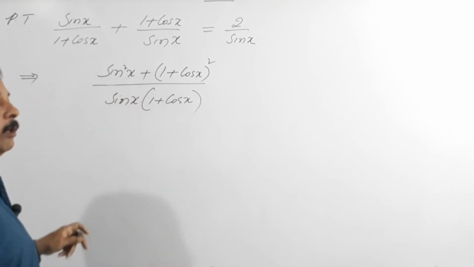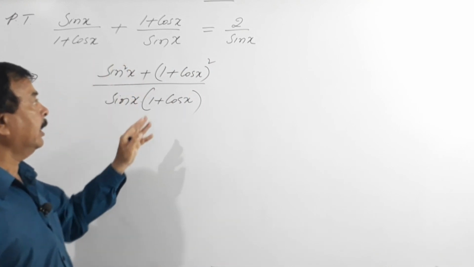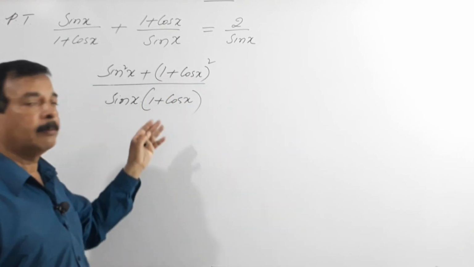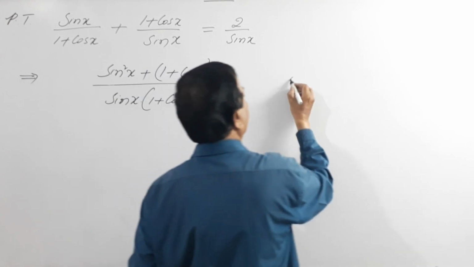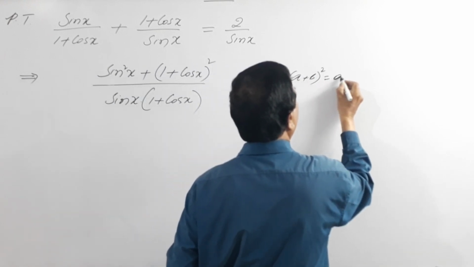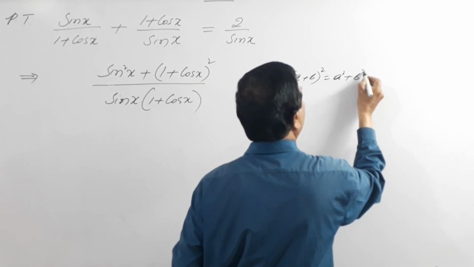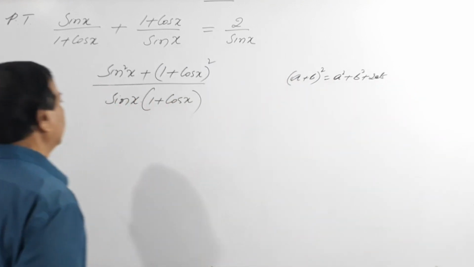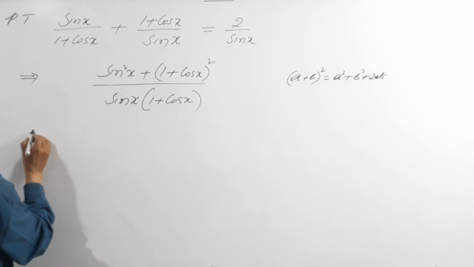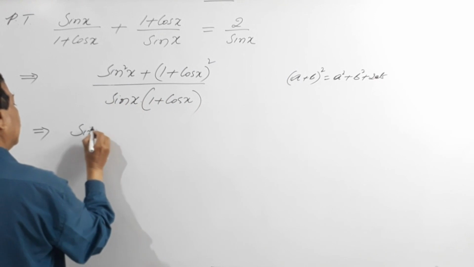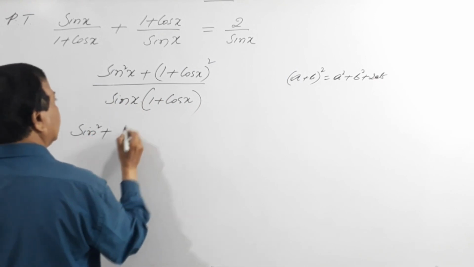So now next you have to expand (a plus b) the whole square. So a plus b the whole square is nothing but a square plus b square plus 2ab. That becomes sin square plus 1 square.